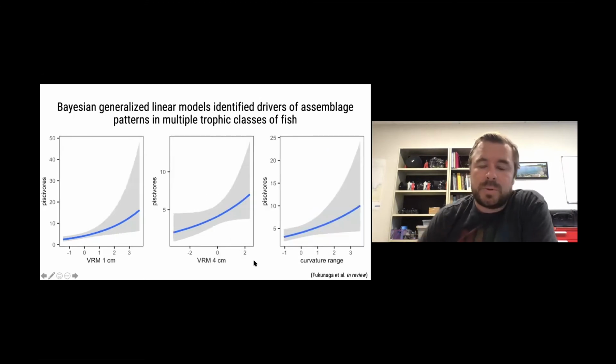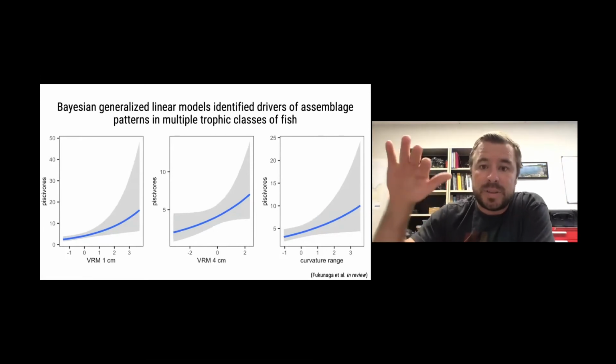If we look at piscivores, we see a similar and very positive response to vector ruggedness at 1 centimeter, 4 centimeter, and to curvature range. Now this should make sense why we use the range of curvature rather than mean values from everything I had shown you before, because that indicates a lot of steep changes like ledges and overhangs.